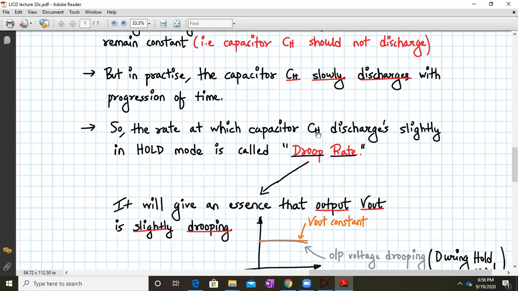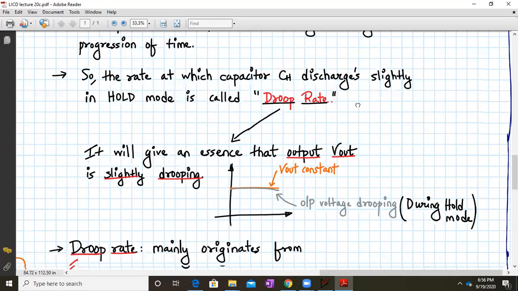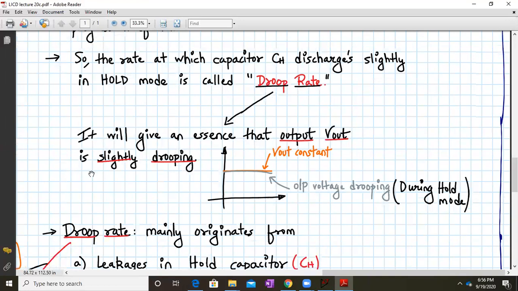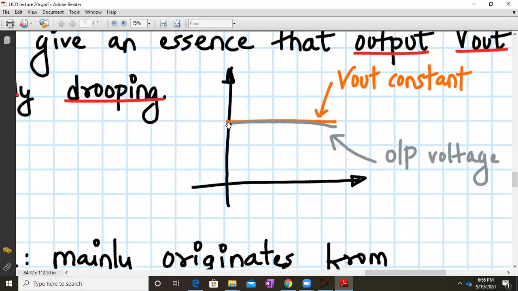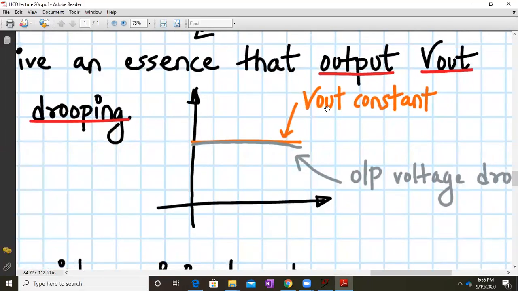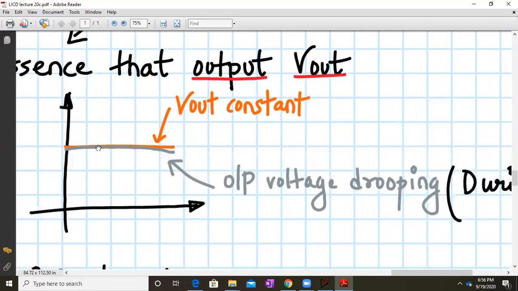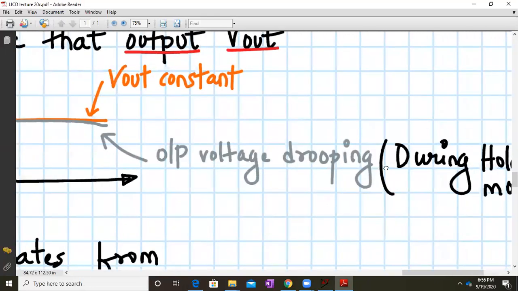So the rate at which the capacitor CH discharges slightly in the hold mode is called the droop rate. It gives the impression that the output voltage is slightly drooping. If I expand it over here, the orange color is the one which says that the output voltage should remain constant. But here you will see the output voltage will slightly droop. So this is called output voltage drooping, and this will happen during the hold mode.